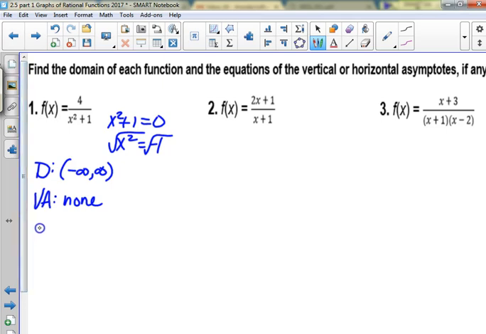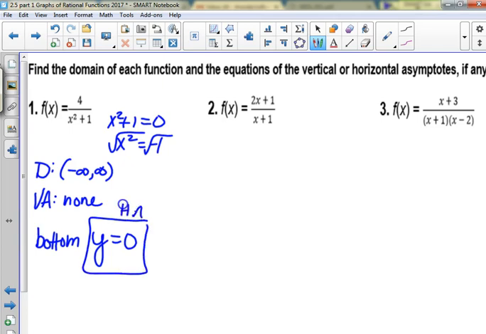End behavior, which is the generic term for horizontal asymptote or slant asymptote, degree what over what? Degree 0 over 2, so it is bottom heavy, which means what? It approaches y equals 0. So it is a horizontal asymptote.